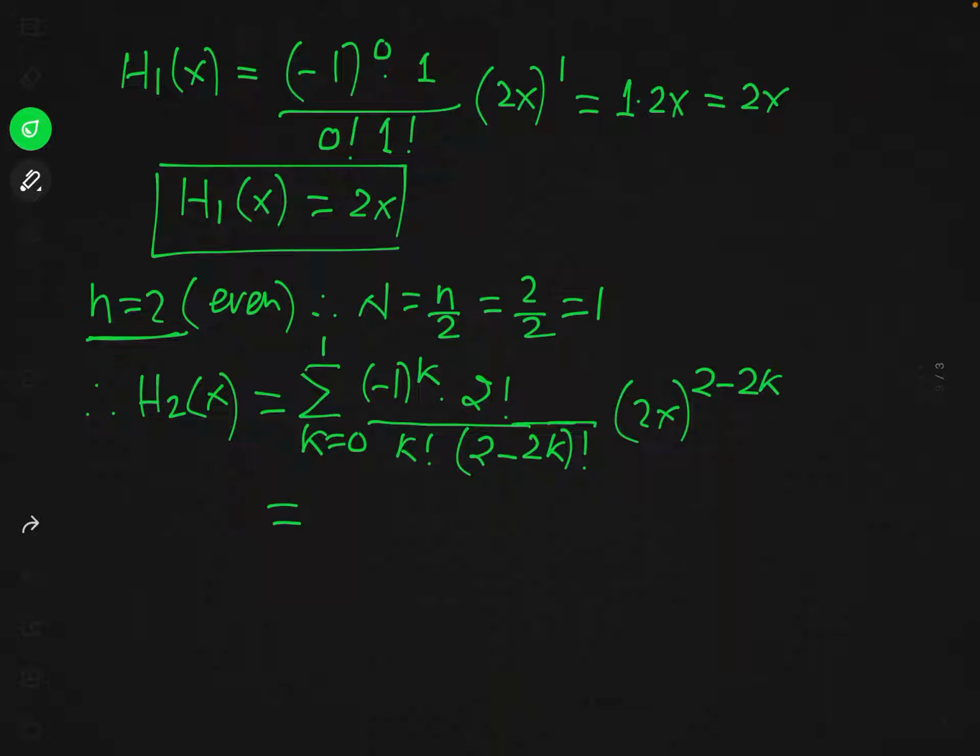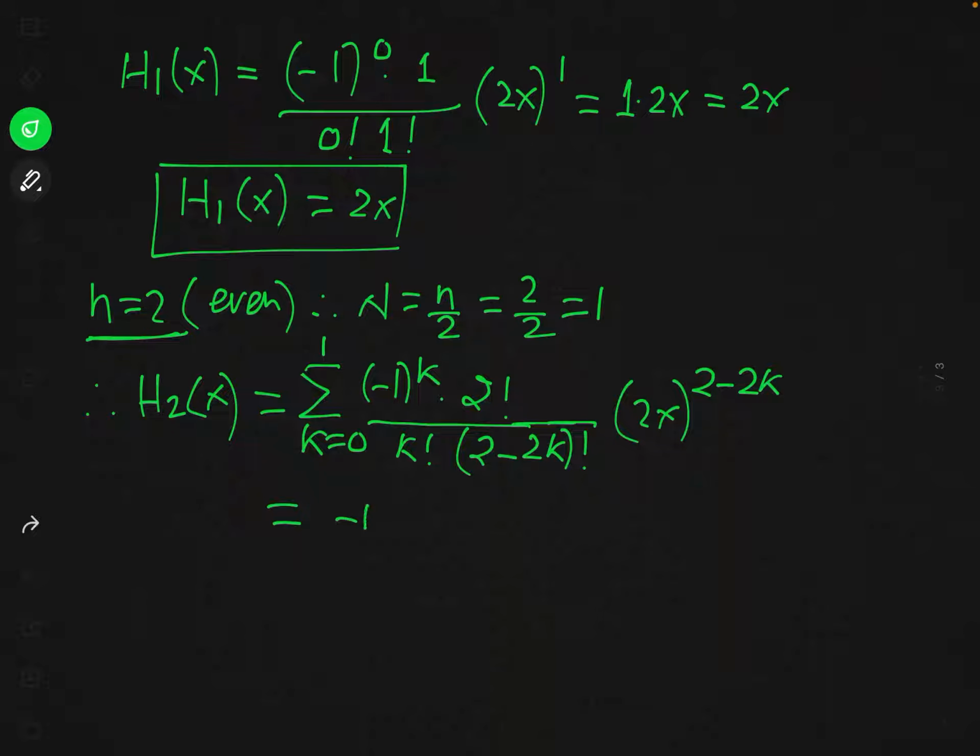Now simplify it. Here k will be 0 and after that k will be 1, so there will be in fact 2 terms in this series. For the first term we will take k equal to 0, and in the second term we will take k equal to 1. So let us see.